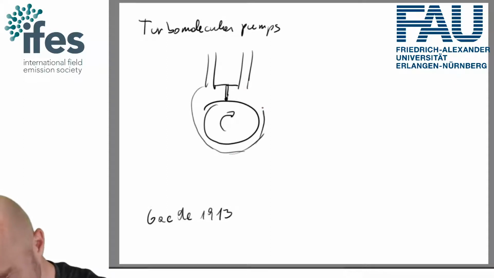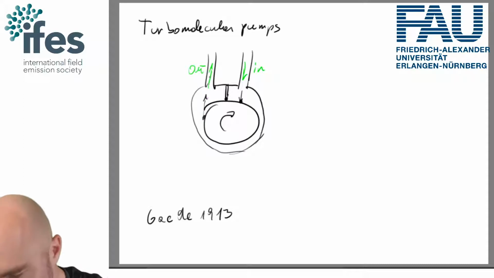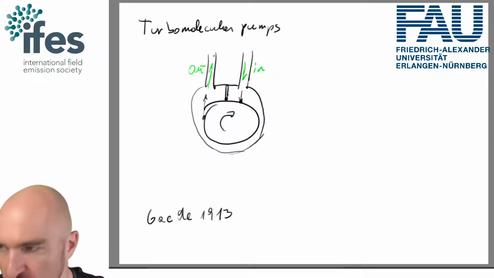And the rest is just literally in and out. And the thought behind that is that if I spin the cylinder fast enough and a molecule adsorbs here, goes around on the cylinder, and it happens to desorb here, then it will have a speed that makes it favorable for it to go out the outlet.